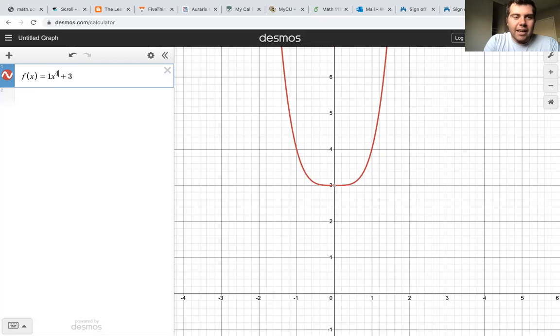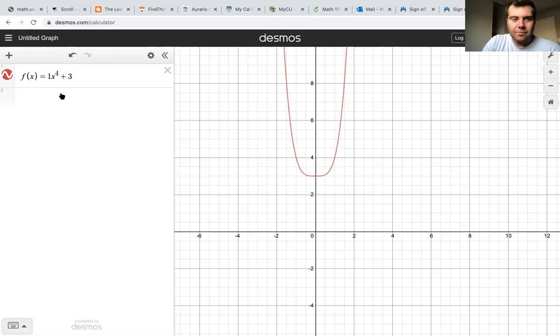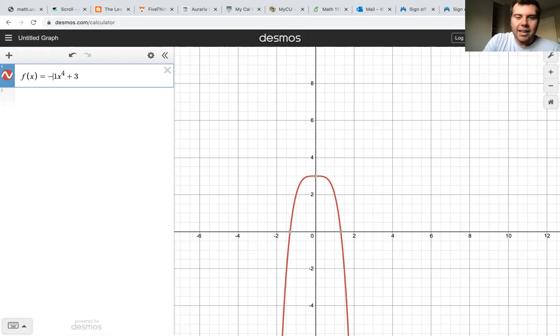If we plugged in x to the fourth, then if we plug in a negative x or a positive x, they both get flipped to being a positive number. And so we get these large positive numbers out. And so it goes to infinity on both sides. And if we flip the sign, now we're getting negative numbers out. All right, so that's about it with end behavior. It's really just classifying where the function is headed to.